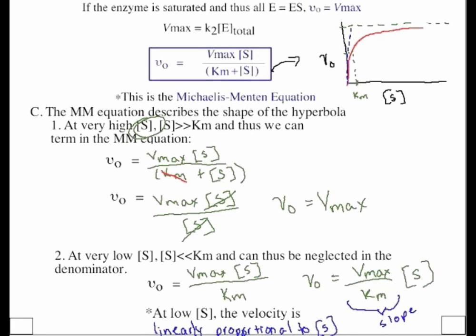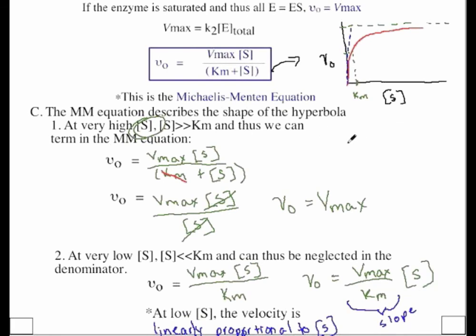So, let's try one more. Let's try one where we're actually looking at the point at which substrate concentration equals Km. So we'd actually plug in Km for substrate concentration. Let's see what that does. Ooh, this is fun.